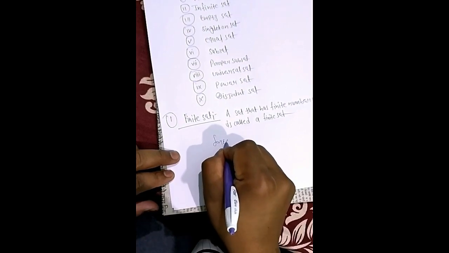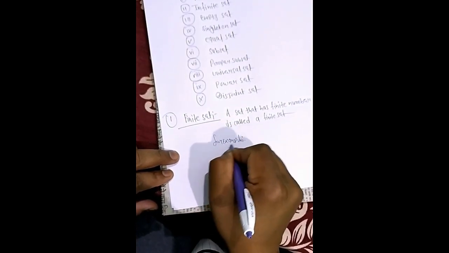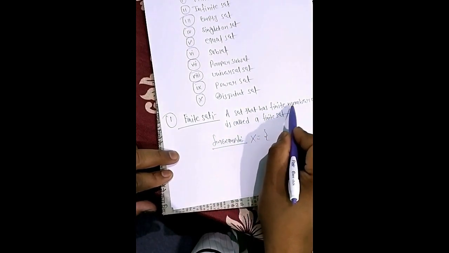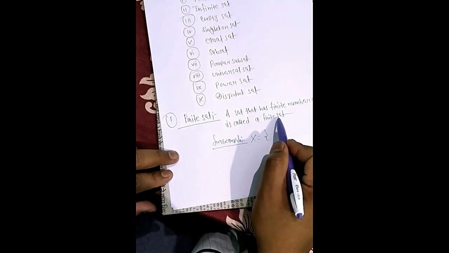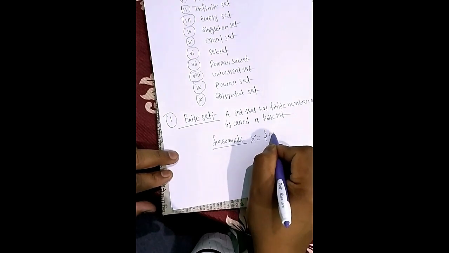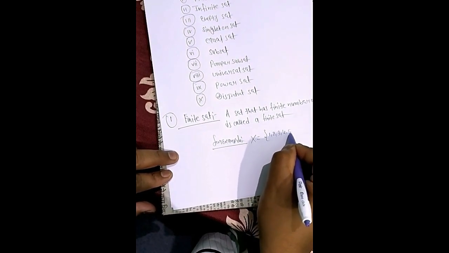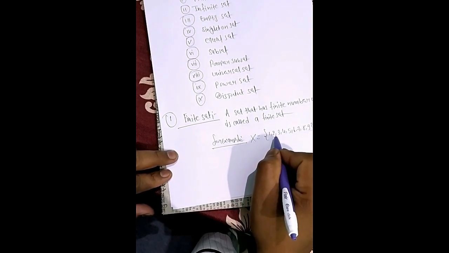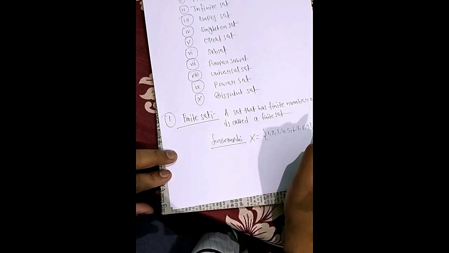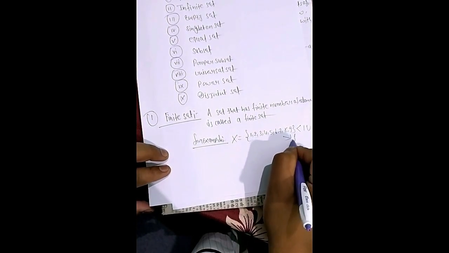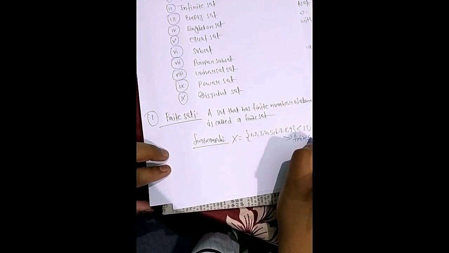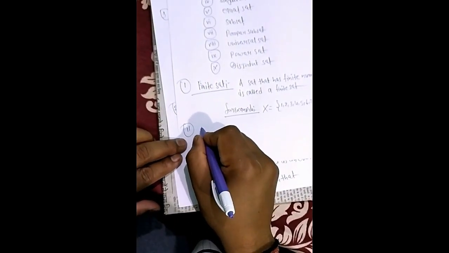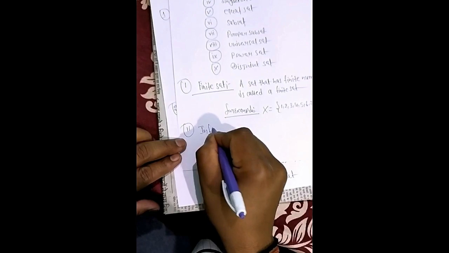For example, X is equal to 1, 2, 3, 4, 5, 6, 7, 8, 9. Here the set represents numbers less than 10, so it is also called a finite set. Clear, students?